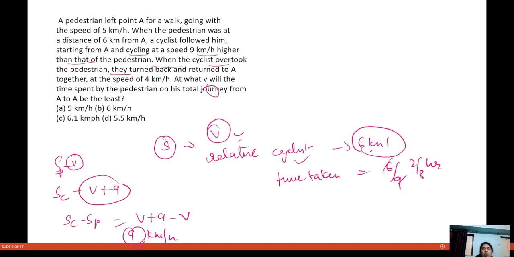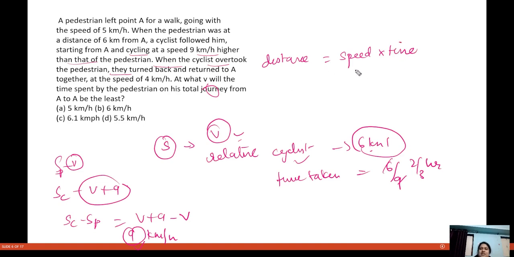So the total distance covered will be given by how much? Distance is equal to speed into time.